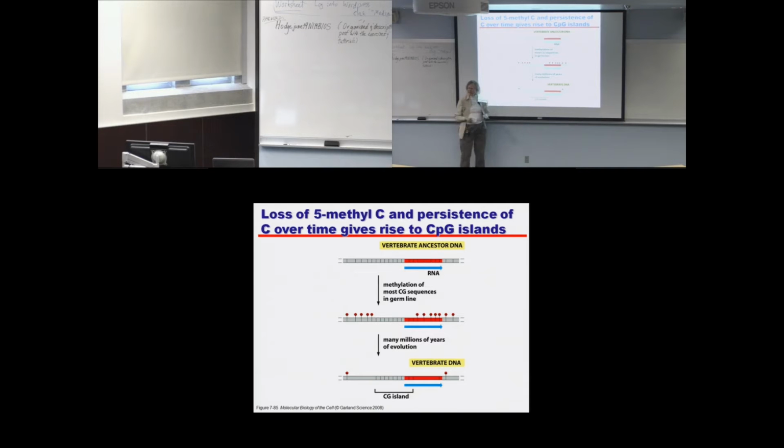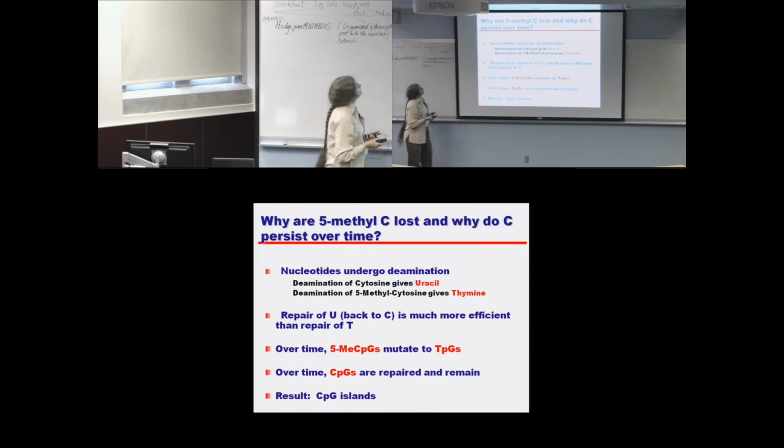But why does that happen? Why do these guys disappear, and these get maintained? Here's the reason. Just as a consequence of existence, nucleotides suffer errors, and in this particular case, deamination can occur.